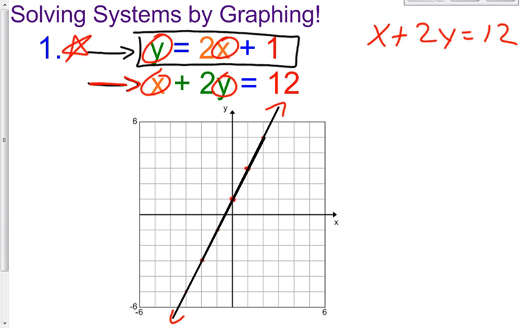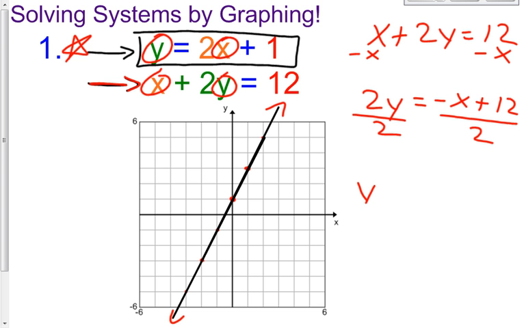So let's solve this one for y to get it into y equals mx plus b form. Let's subtract an x from both sides. So 2y equals a negative x plus 12. And then we'll divide both sides by 2. So now y equals a negative 1/2 x plus 6.